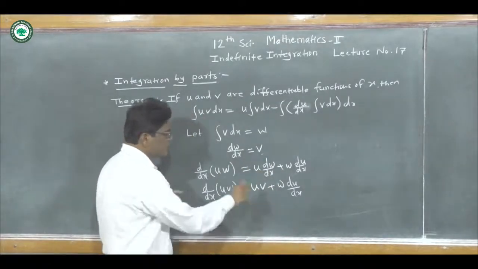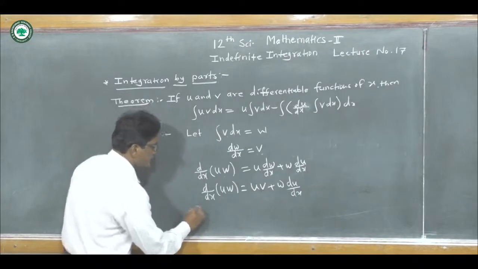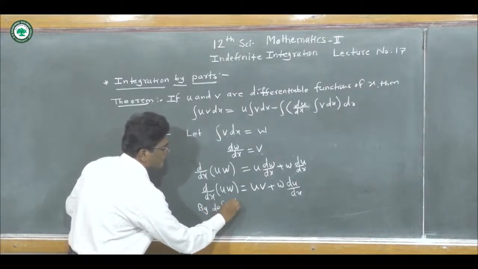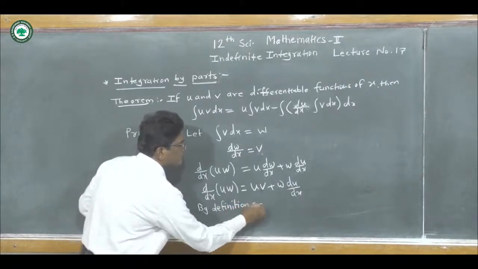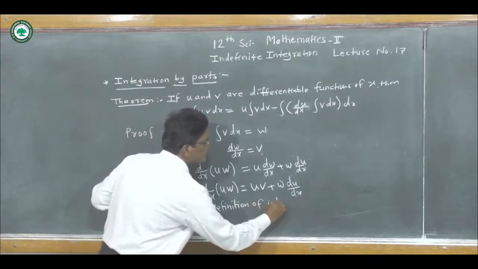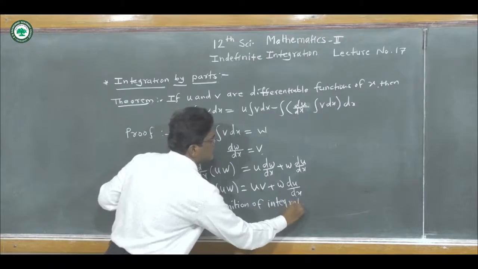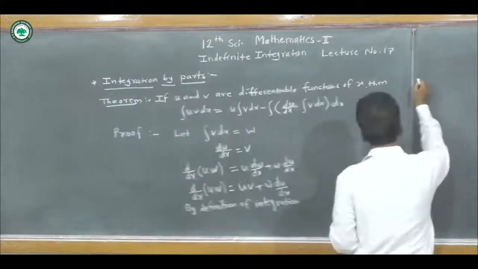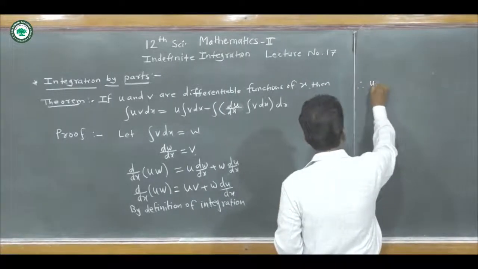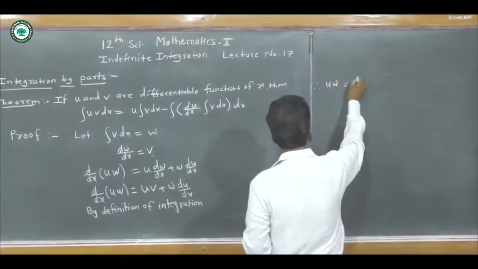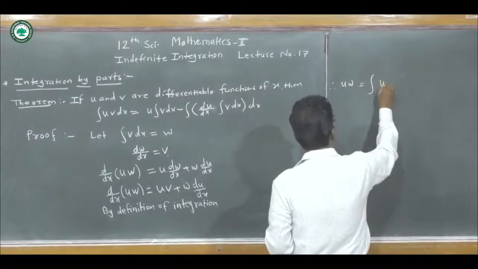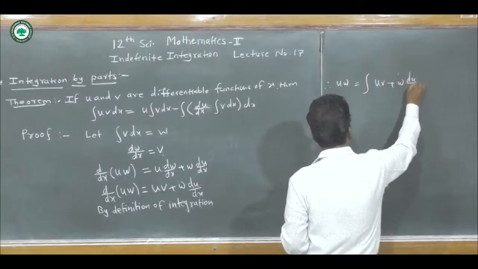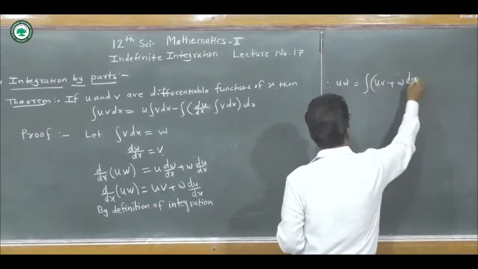And now we use the definition of integration. By definition of integration, and therefore we get uw is equal to integration of uv plus w into du by dx.